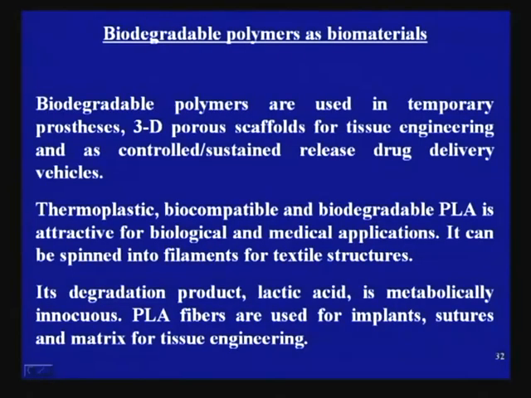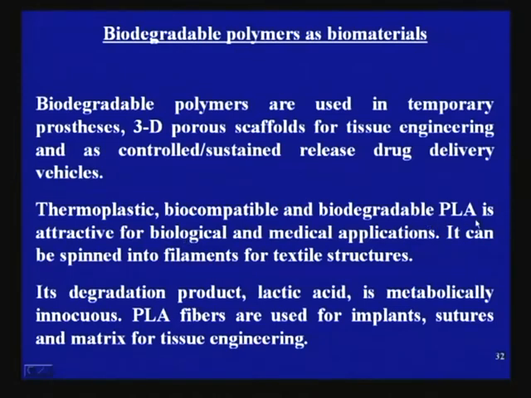You can synthesize these. Starch also, and chitin and chitosan, are also biodegradable. So, one can use these polymers for making 3-dimensional porous scaffolds for tissue engineering, as well as for controlled and sustained release of drugs, or as drug delivery vehicles.